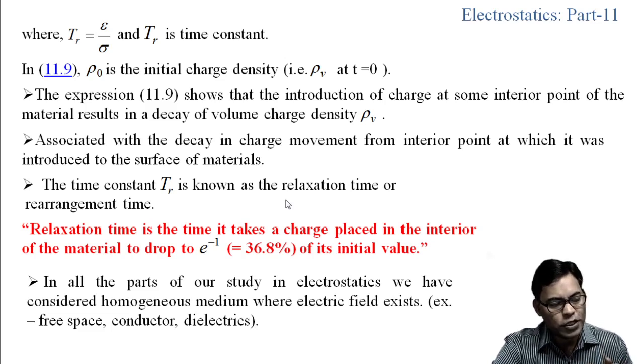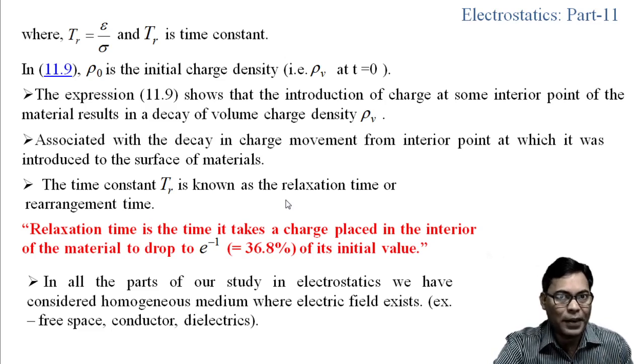That means if the electrostatic field is propagating through free space, the medium is only free space. If it is a conductor, then the medium is only conductor. If it is dielectric, then the medium is only dielectric material through which the electrostatic fields are propagating, and we have studied the changes that result.